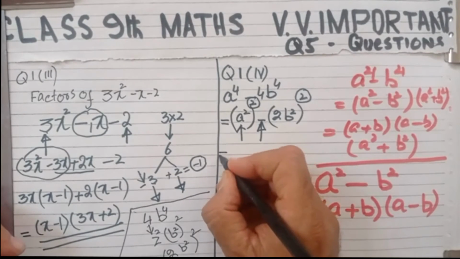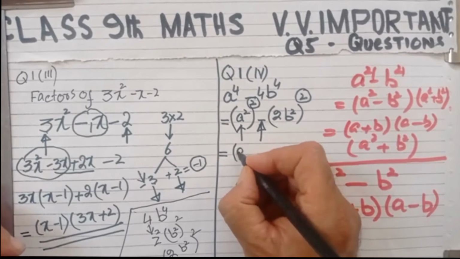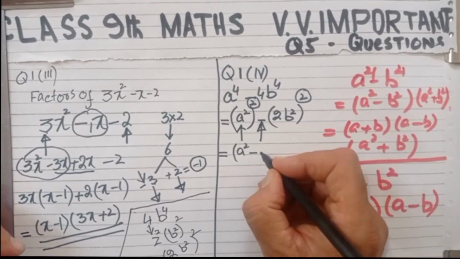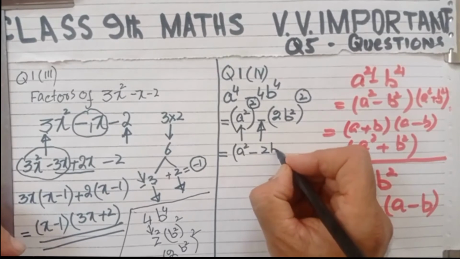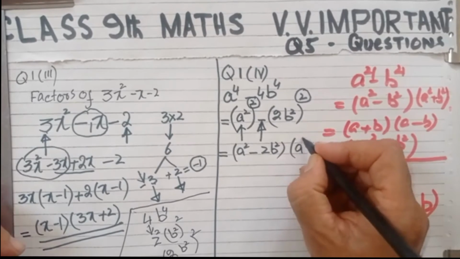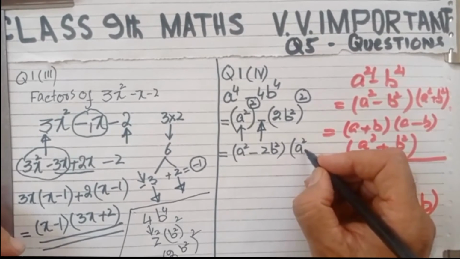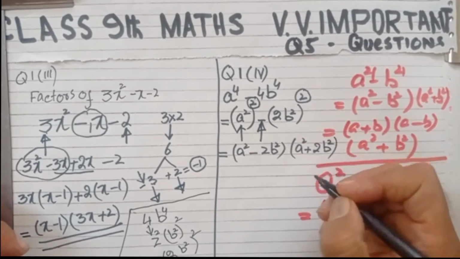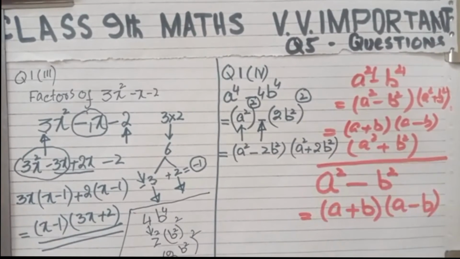That will become a square minus 2b square and a square plus 2b square. Now this is the way that we proceed.